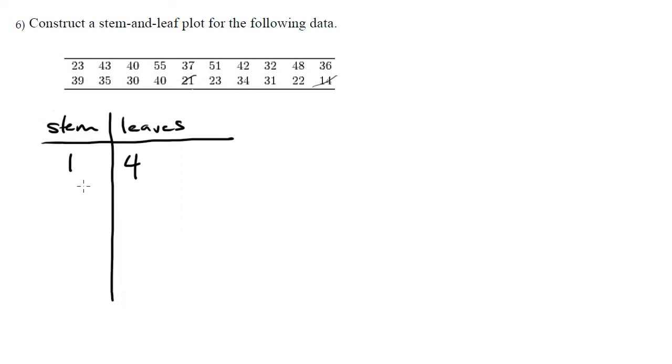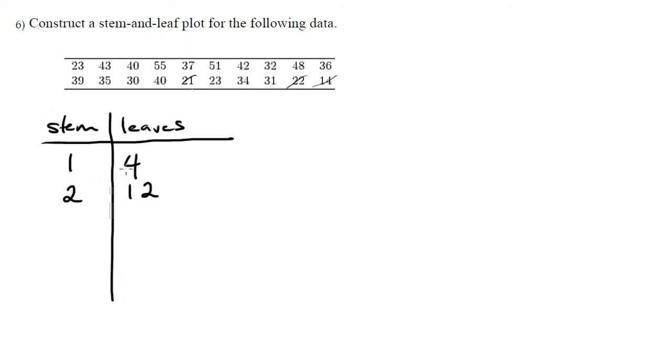So 21 I'll represent with 2 for the tens and 1 for the ones. I do have 22 as well, right? So I already have the stem here, I already have the 2 tens. That's 22. So this represents 21 and 22.